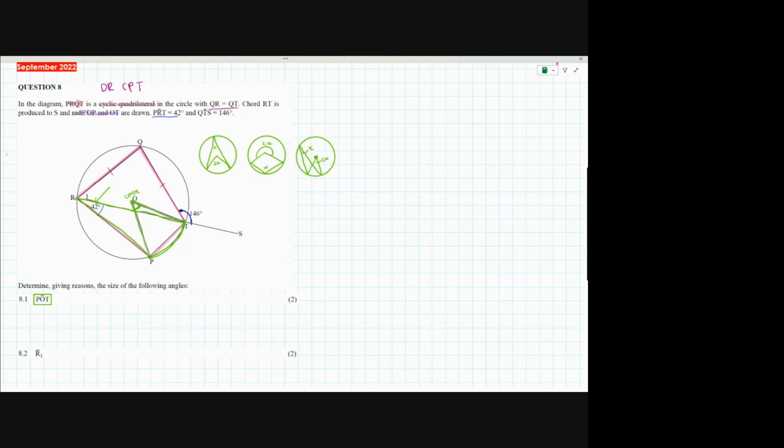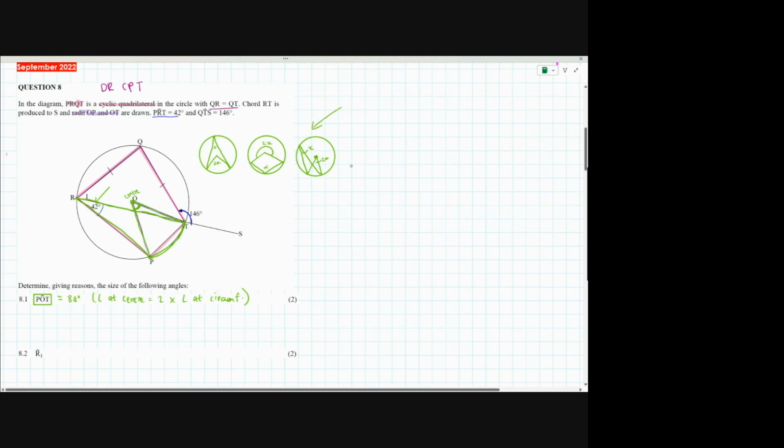And so what this is telling me is that we have an angle at the circumference of 42 and an angle at the center, which must be double that. And so POT is equal to 84 degrees because of angle at center equals 2 times angle at circumference. Okay, so just remember these 3 forms of that theorem.